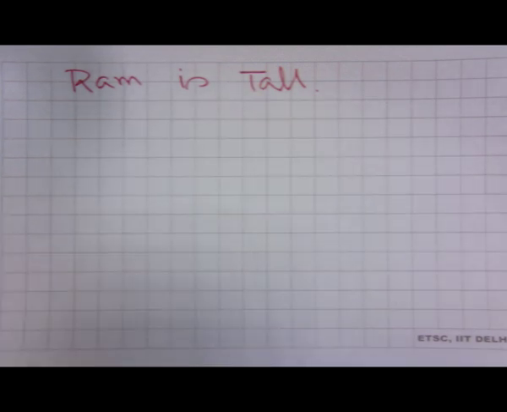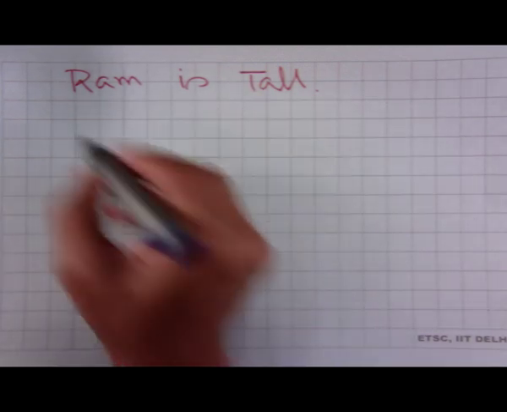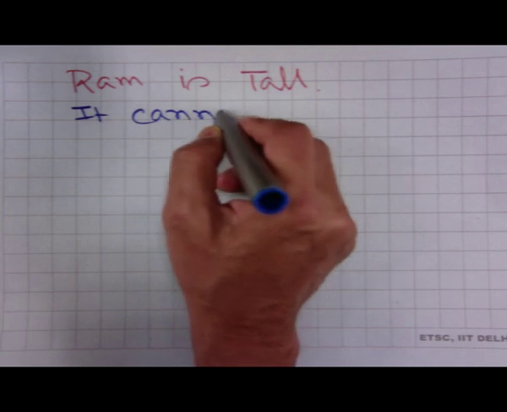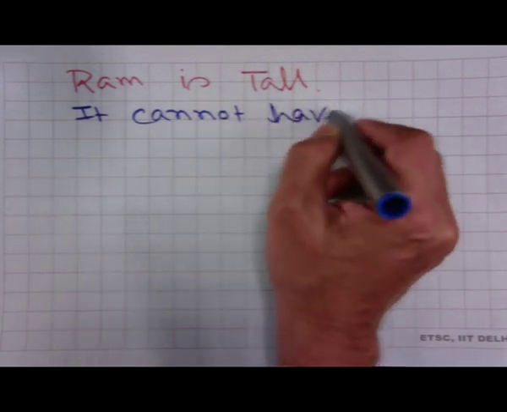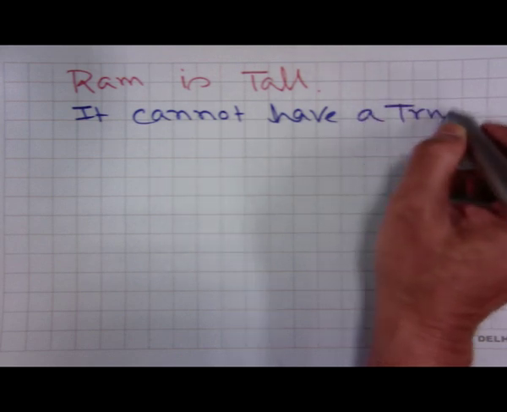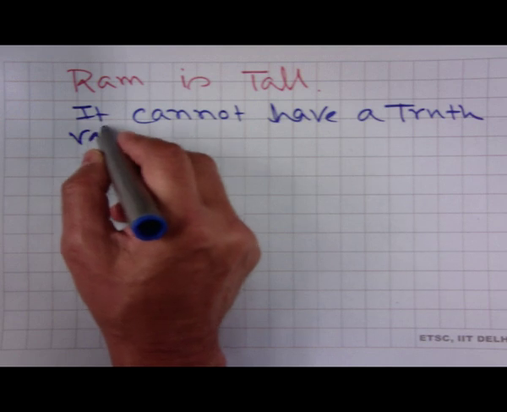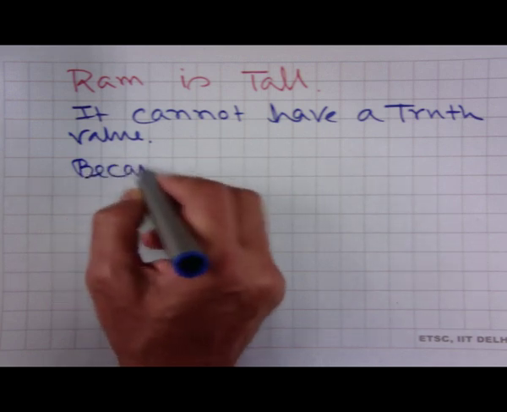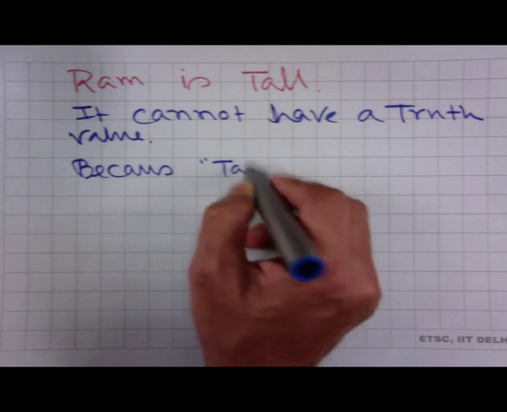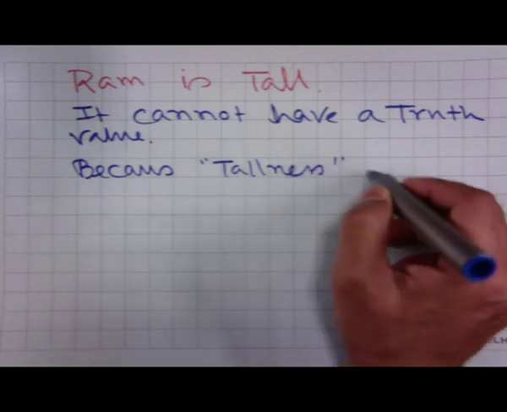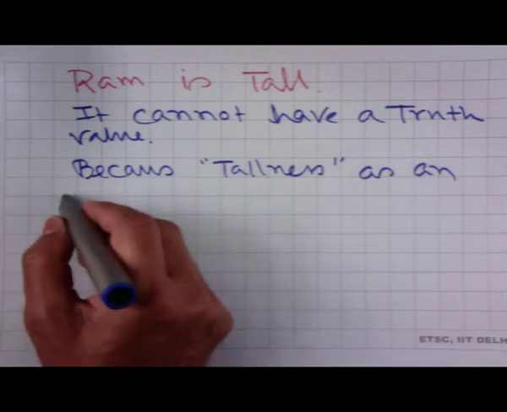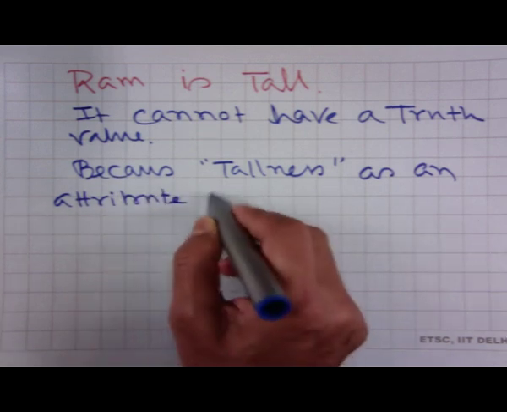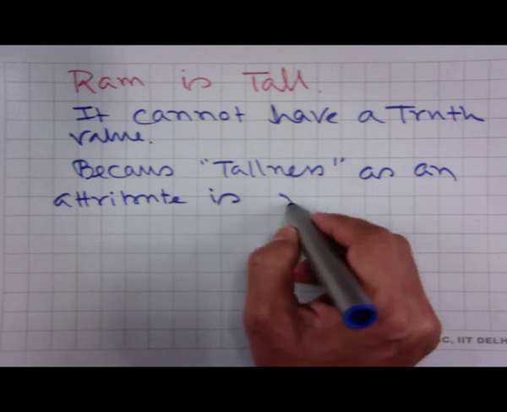Apparently, it has a truth value true or false, but that is not correct, because tallness as an attribute is relative.